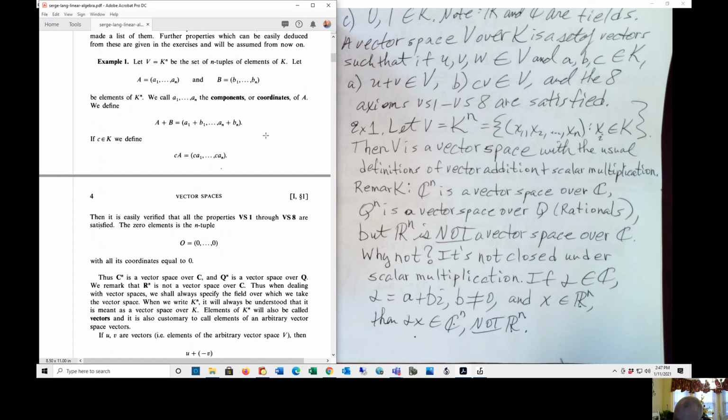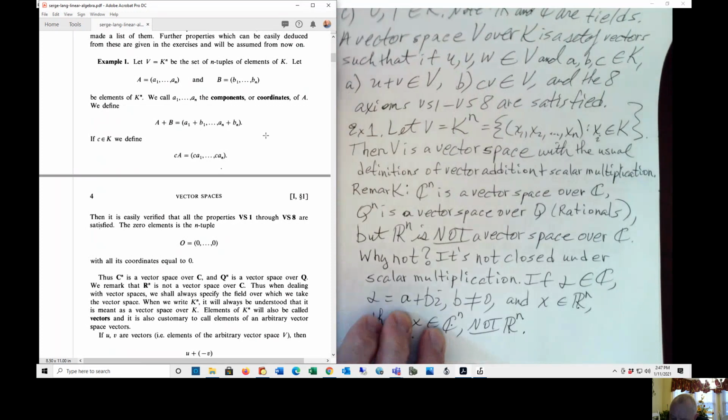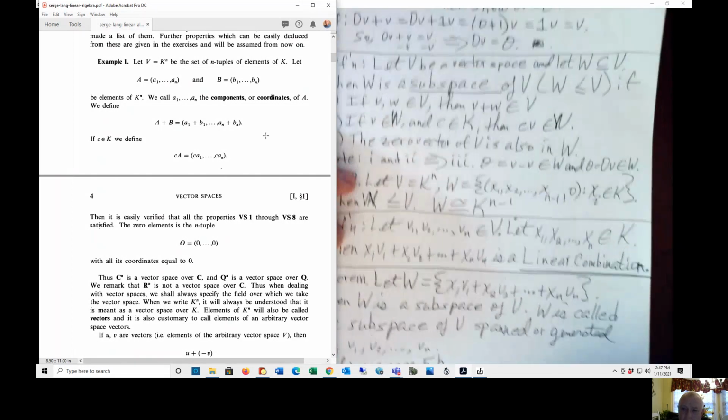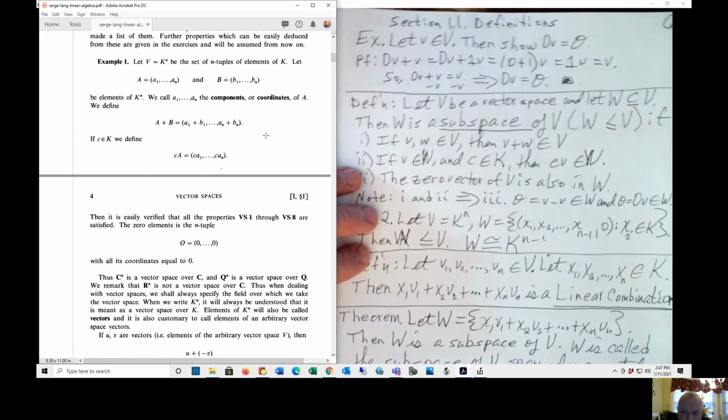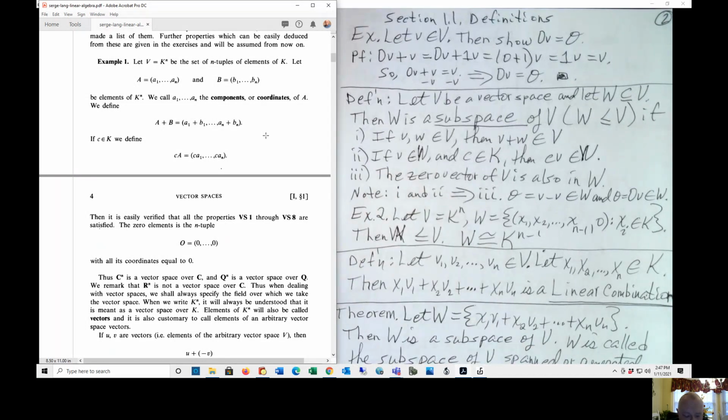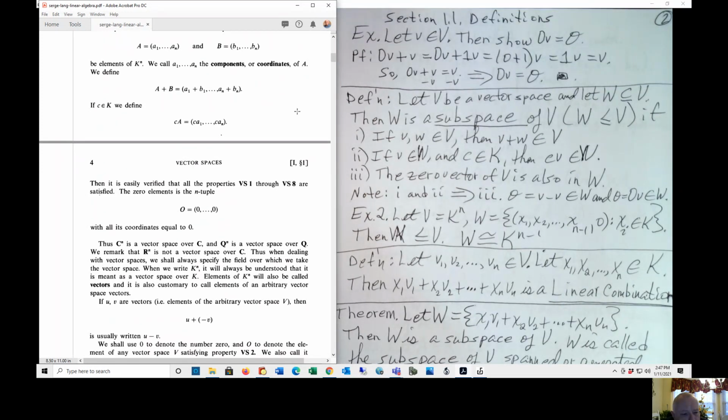So it's not closed under scalar multiplication. And so, of course, Rn is a vector space over the real numbers, but it's not a vector space over the complex numbers. So it's important to know where we are when we're dealing with a vector space over a scalar field.